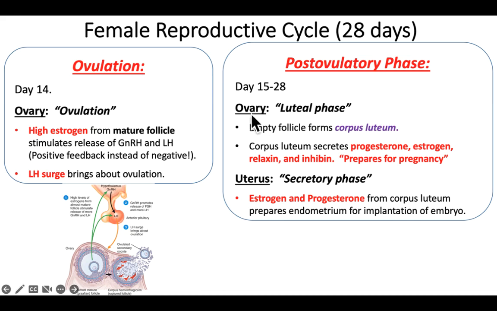So in the ovary, we call this phase the luteal phase, all right? Because the corpus luteum is basically in charge of things now. It's producing progesterone, which we haven't seen yet. We're producing estrogen again. We're producing relaxin and inhibin. And together, those four hormones work together to prepare for pregnancy.